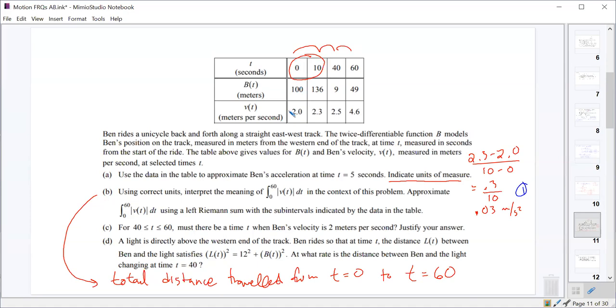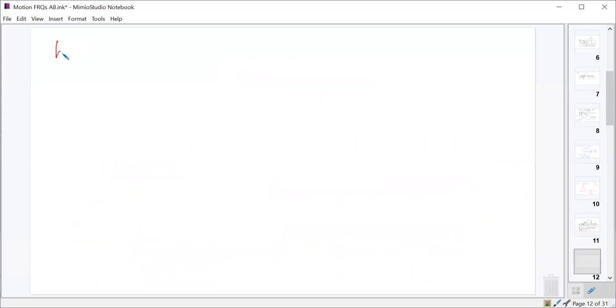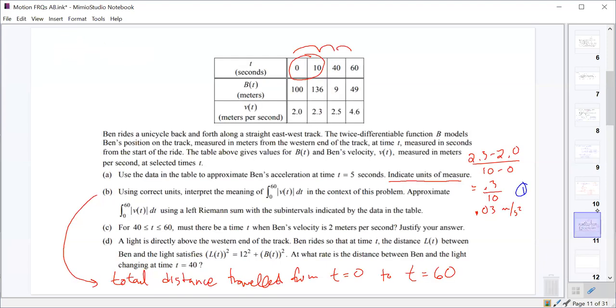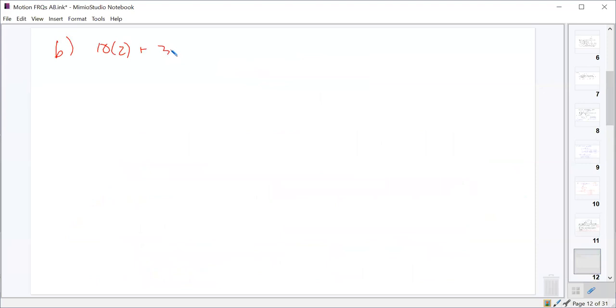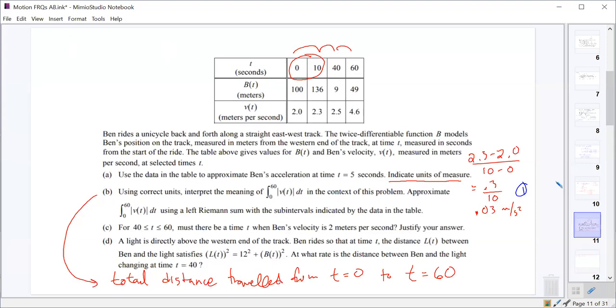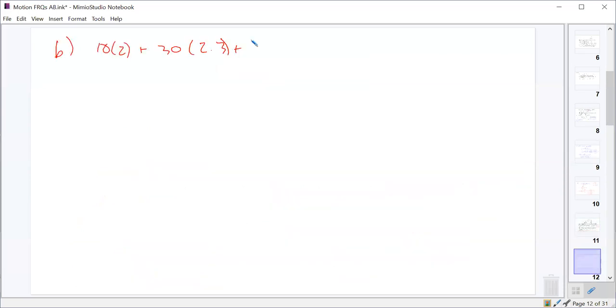So it'll be 10 times 2 plus 30 times 2.3 plus 20 times 2.5. Everybody good with that?